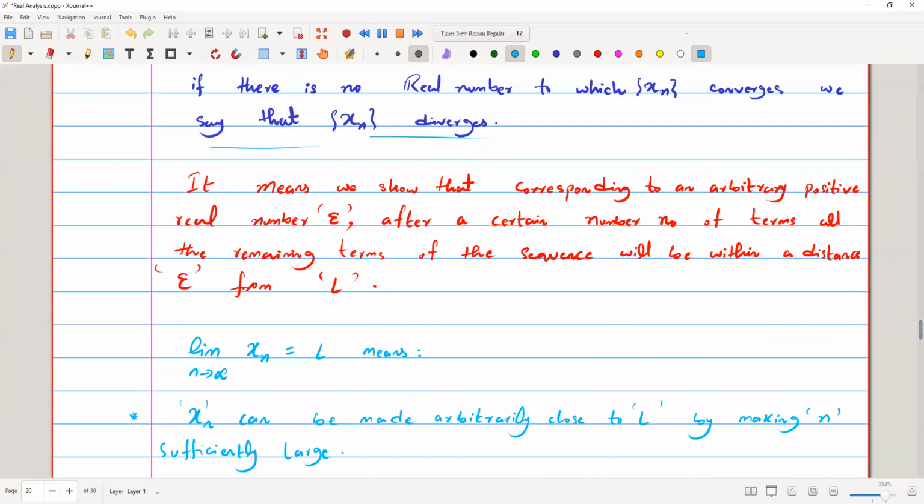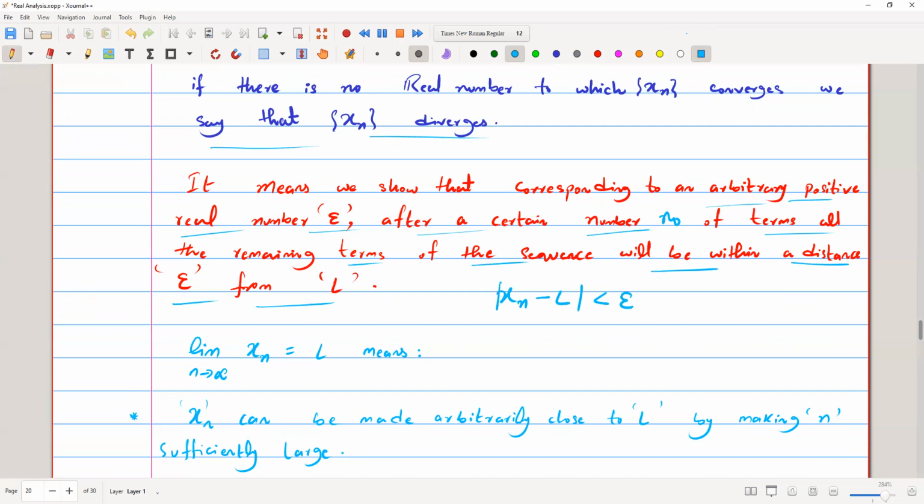So this statement means that we show that corresponding to an arbitrary positive real number epsilon, there is a certain n naught, such that after that n naught, all the remaining terms of the sequence will be within a distance epsilon from L. That's what we mean by the absolute value of xn minus L being less than epsilon.